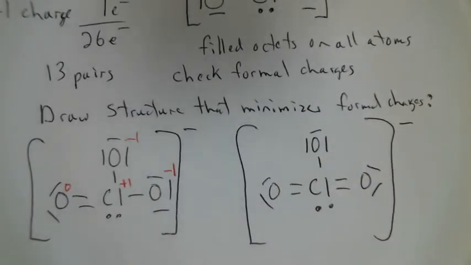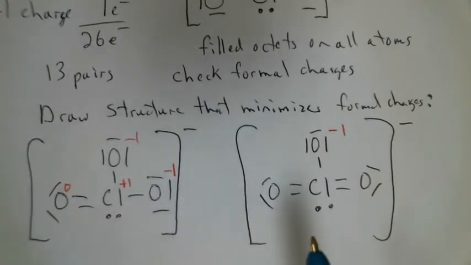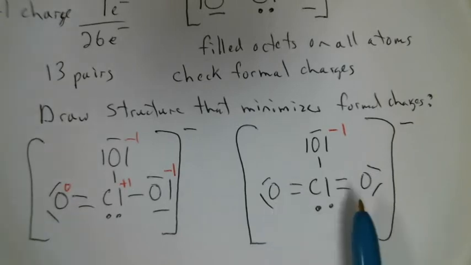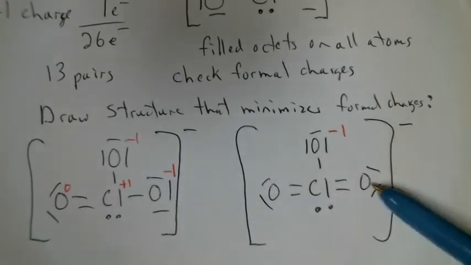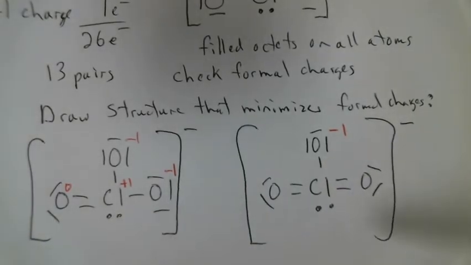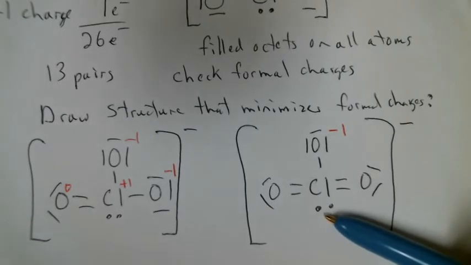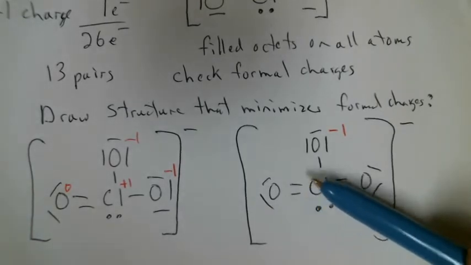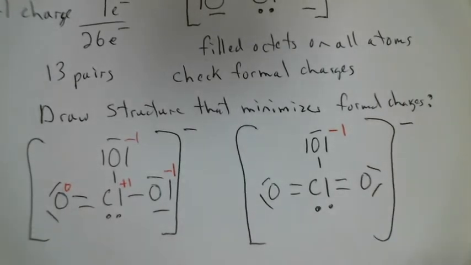And now this structure, if you go through and do it, has 0 formal charge on this oxygen, 0 formal charge on the chlorine, and 0 formal charge on this oxygen. The oxygens are the same as we already did that. Let's do the chlorine. It's supposed to have 7, right? It's got 2 from the lone pair, 3, 4, 5, 6, 7. It has 7. Formal charge is 0. And so this is the structure that minimizes formal charges.